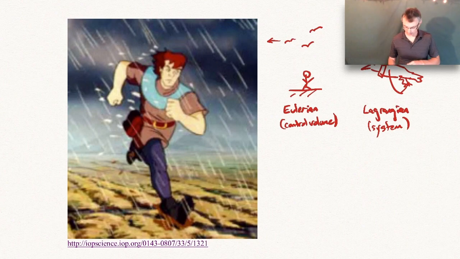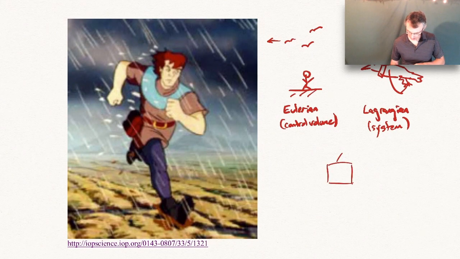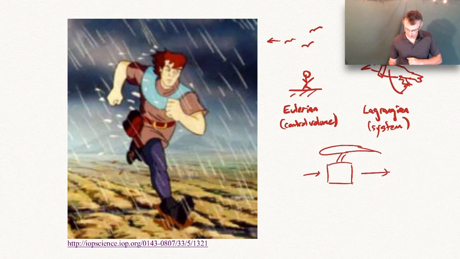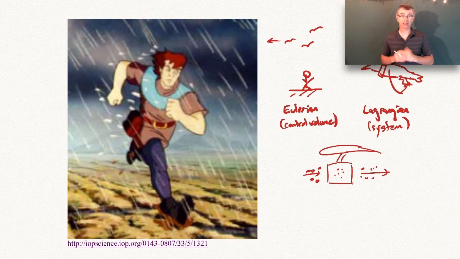So, for example, let's take a look at the screen here. Let's say I have a jet engine, and we have air coming in and out of it. It would be hard to track individual bits of fluid, individual bits of air, individual bits of fuel, and then track those as they move in and out of our jet engine. It's hard to keep track of individual molecules.